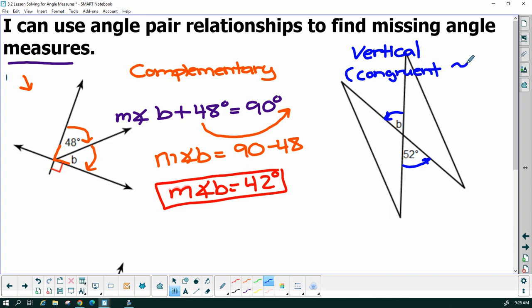We give that a symbol, this little squiggly on top of an equal sign. These two angles are congruent. That means they are equal. So I can write a statement that says the measure of angle B is equal to 52 degrees. And actually, I don't have to do any solving at all. I know that angle B must be the same as 52 degrees.